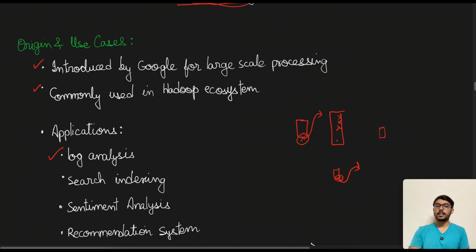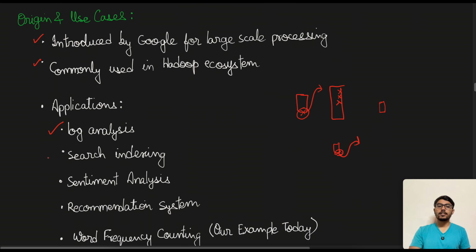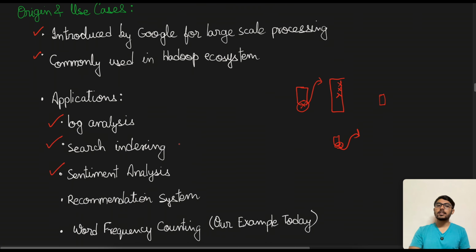So that could be an example of how MapReduce is going to work in a real world setting. Then there is search indexing, sentiment analysis, right? All these things have a multi layered input structure.